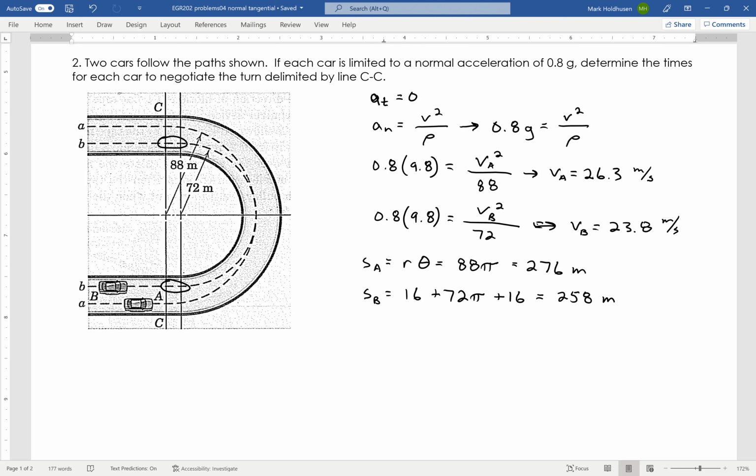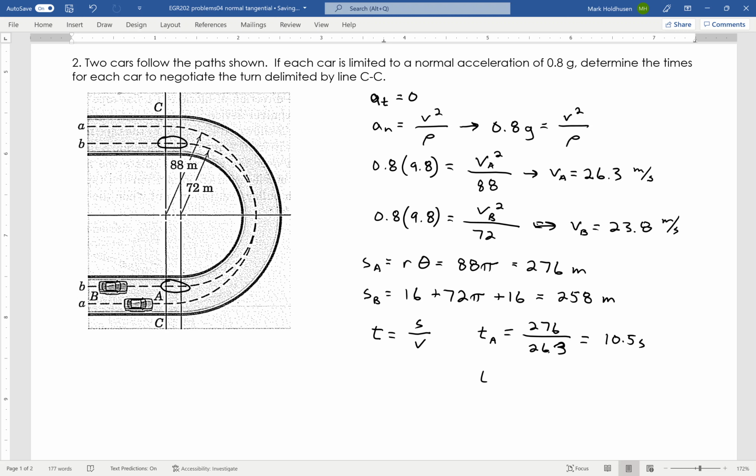So now we need to figure out essentially what the time is, where that time is basically the distance traveled divided by the velocity. So the time of A is going to be 276 divided by the velocity of 26.3, and from that, I see that T_A is going to be 10.5 seconds.